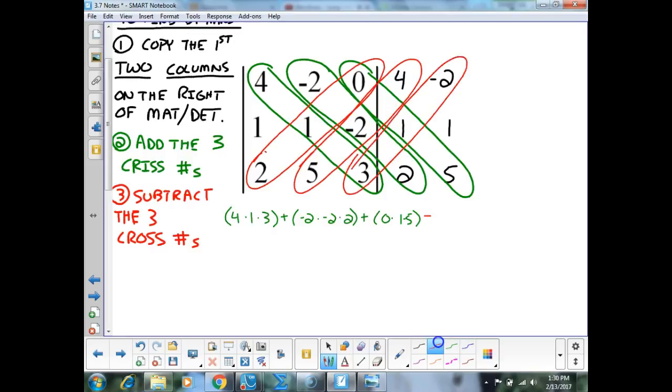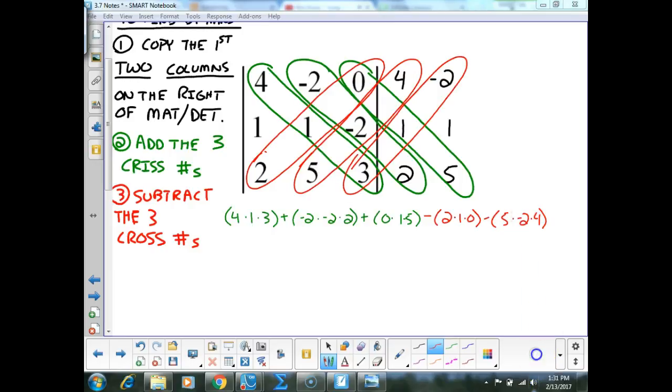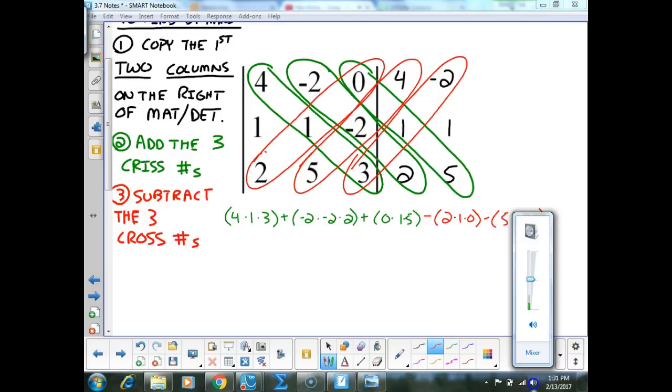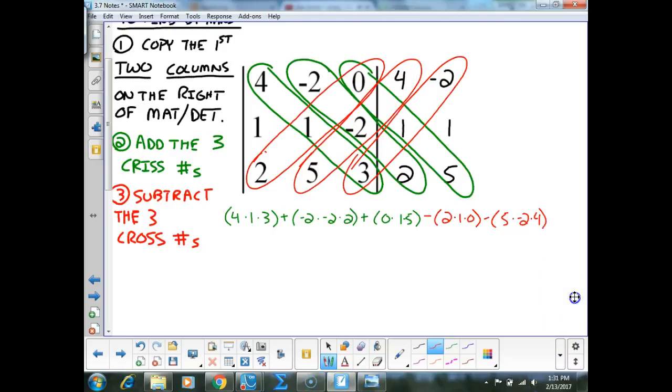So that's -2 times 1 times 0 minus 5 times -2 times 4, and then minus 3 times 1 times -2.